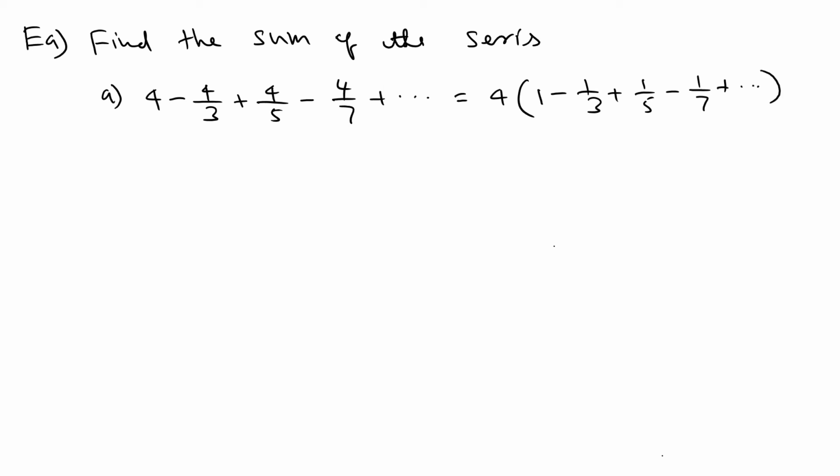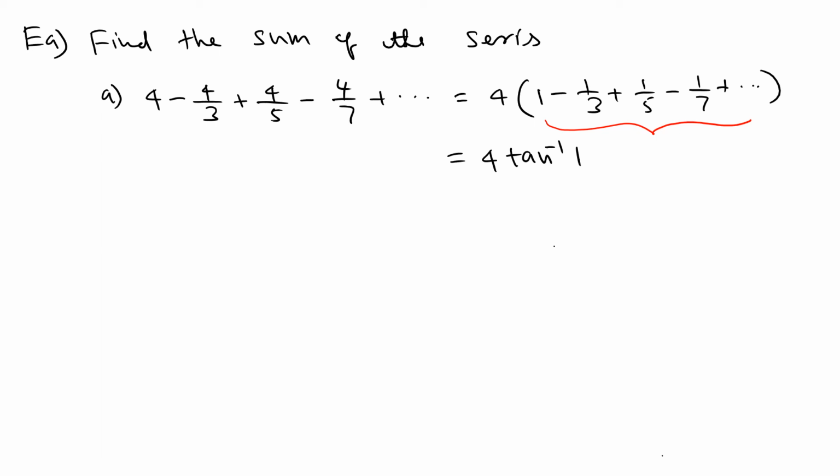Now what we can do, we're going to compare this with any of those common series that we have. If you look at this one, this is very close to tan inverse. So actually, if you plug in 1, this is what you get. So this side is simply tan inverse 1.